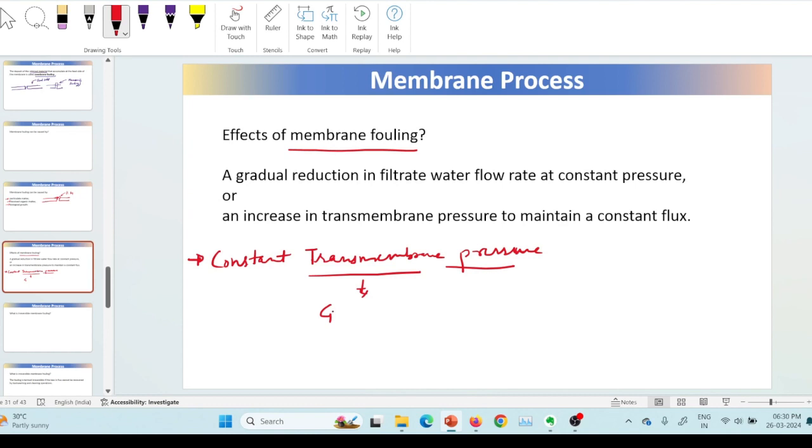More surface area is there, that will cause more energy, more head is required, so that will cause a gradual reduction in filtrate water flow.